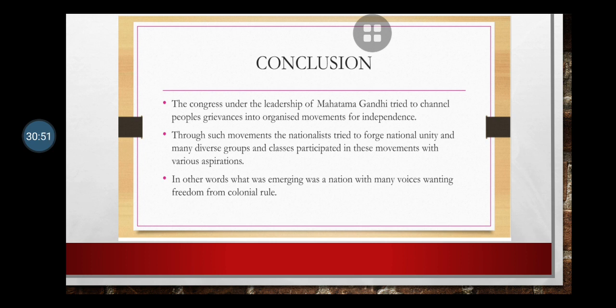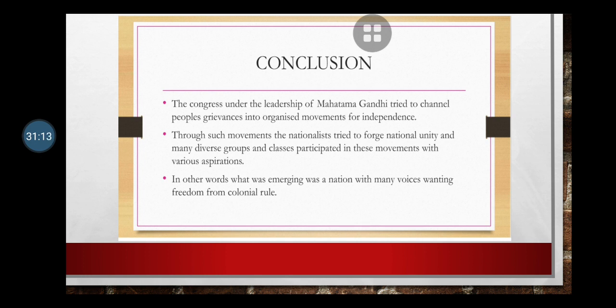So likewise, the Muslims were also demanding separate electorates. They were demanding this because they thought that once India becomes free, since this is a Hindu majority place, after it becomes independent, the Hindus would dominate over the Muslims.